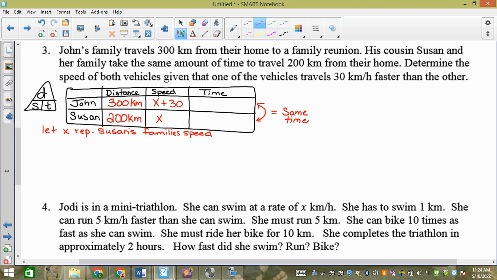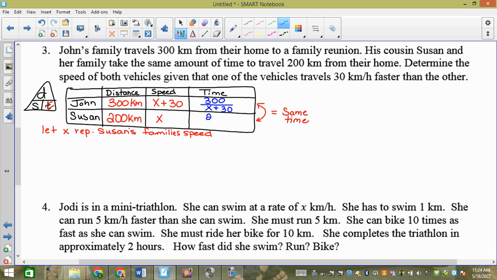Wait, I have 2 boxes that are empty. Weird. How do I fill them? With the formula, correct? What boxes are empty again? Time. So what am I going to do? Distance divided by speed. So I'm going to do 300, and this is 300 over x plus 30.